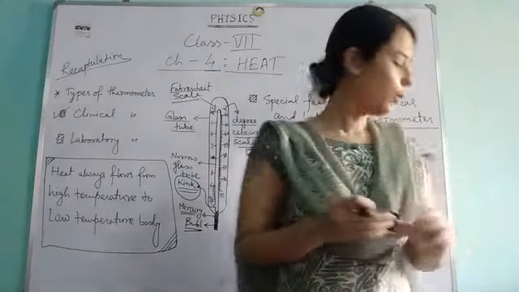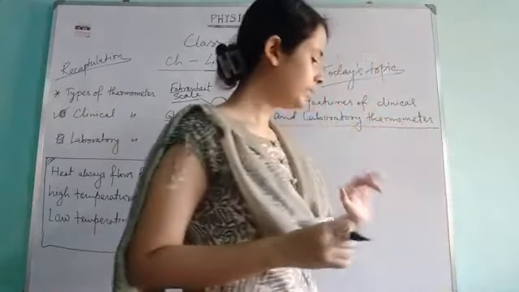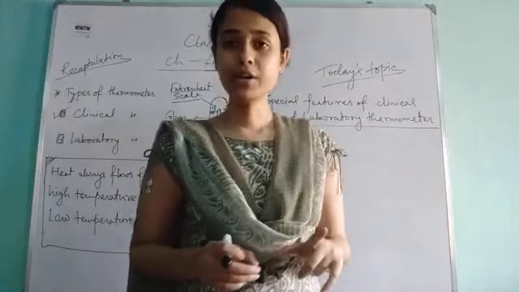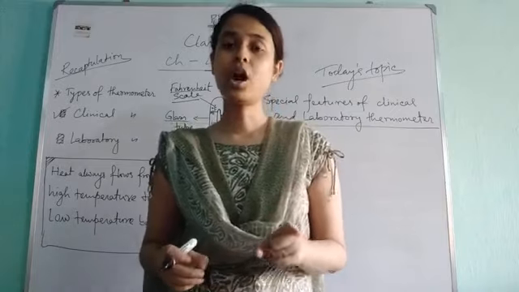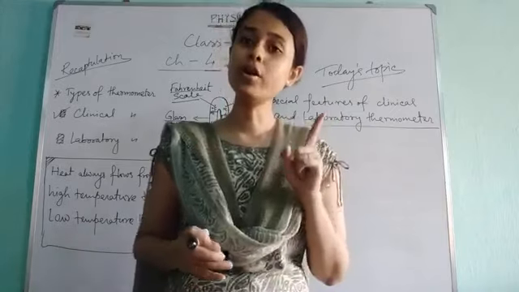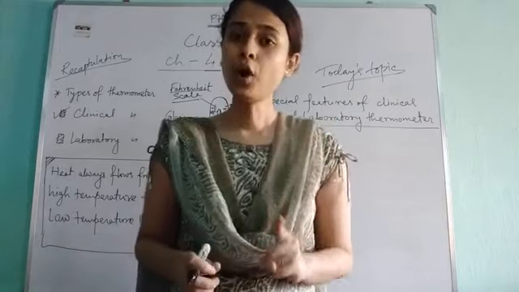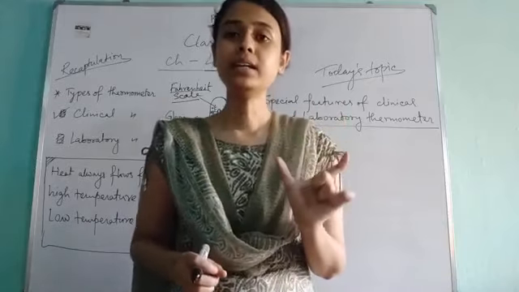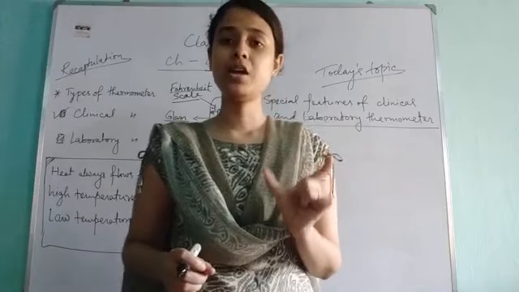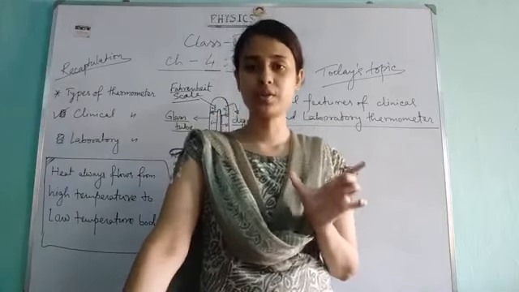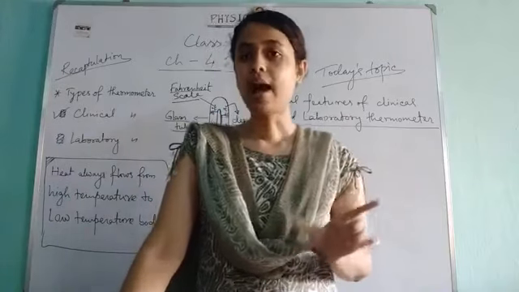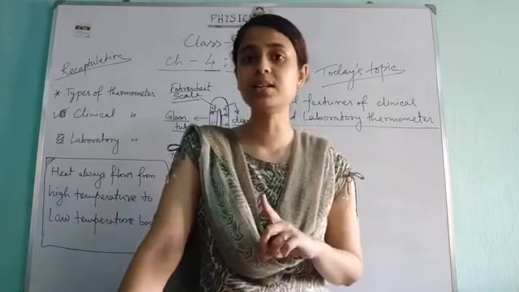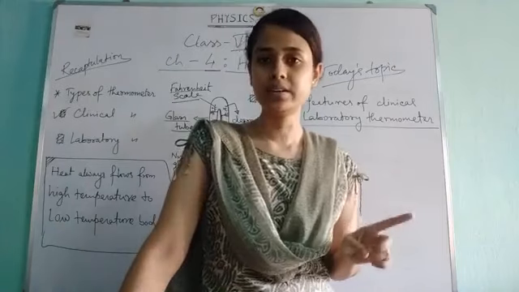Before writing down the different special features, let me remind you, while writing the definition of the clinical thermometer, I have already told you one special feature. What is that? That the clinical thermometer can measure a very short range of temperature, and the range was from 35 degrees Celsius to 40 degrees Celsius.